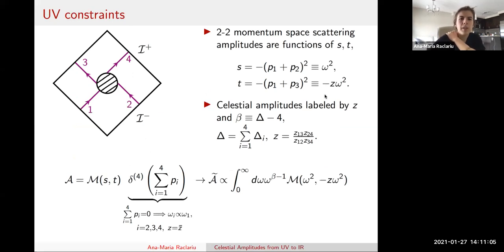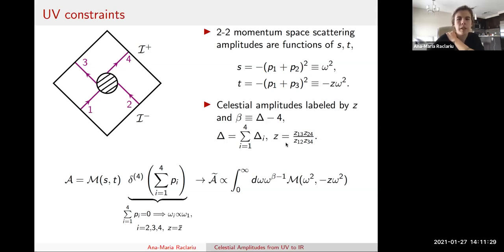Okay, so the setup again. Just to remind everyone of the notation, we're starting with a 2-to-2 momentum space scattering amplitude. In momentum space, these are labeled by two independent Mandelstam invariants, S and T. So naturally, one expects that the celestial 2-to-2 amplitude is also labeled by two parameters.